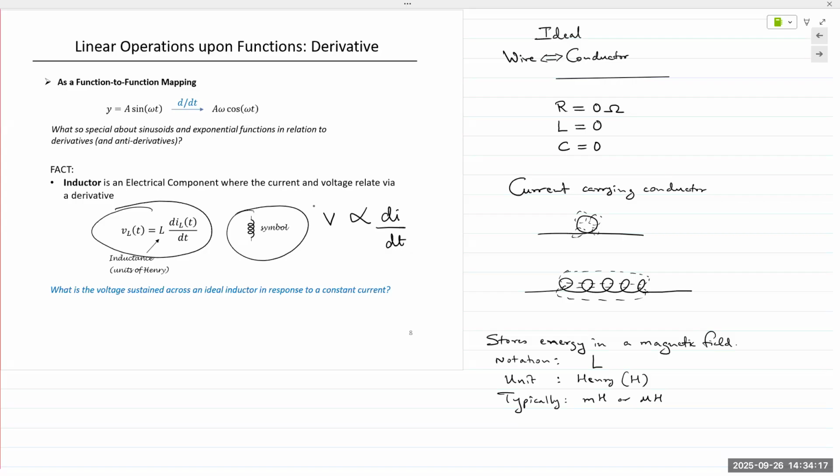The constant of proportionality is the inductance itself. So like Ohm's law, V equals I times R. Here it's V equals L times di over dt.